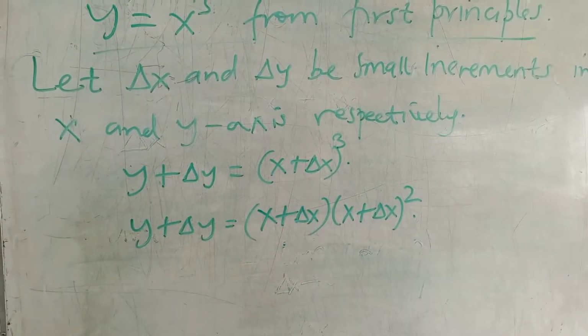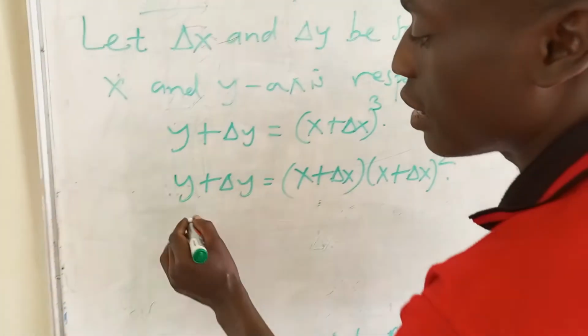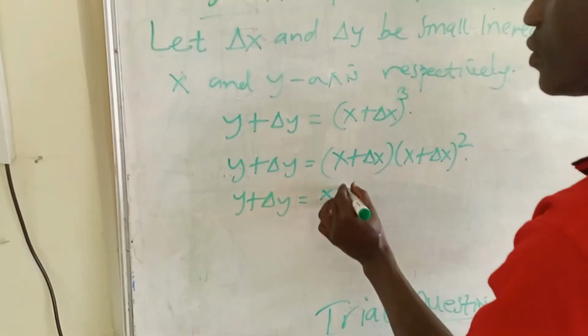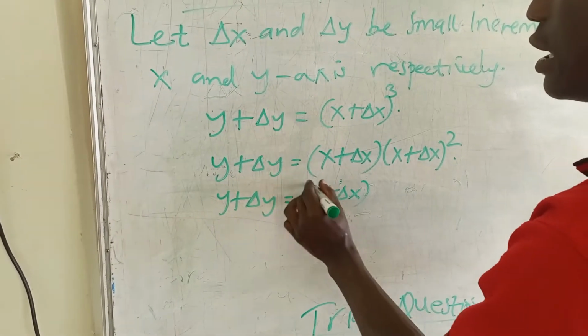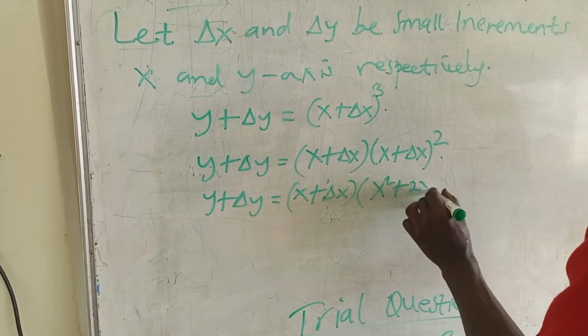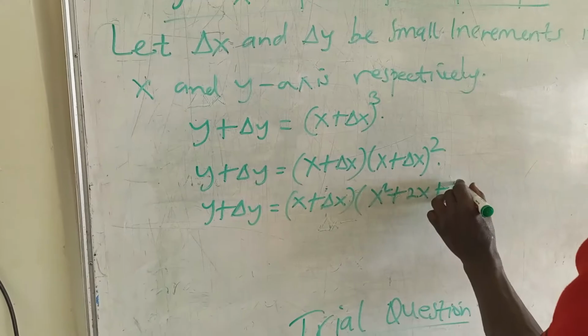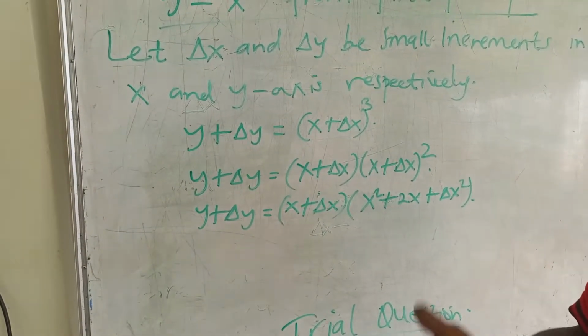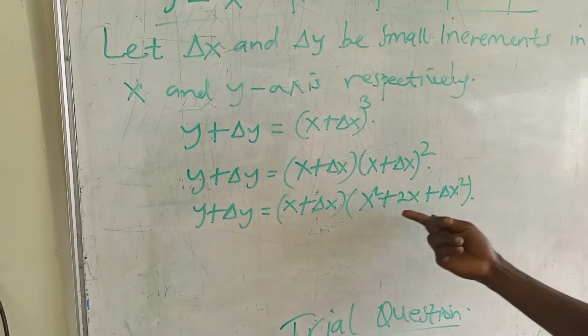So we shall say y plus change in y equals x plus change in x, and when you expand this, it is x squared plus 2x change in x plus change in x squared. So I'm remaining with the task of multiplying this and this one.